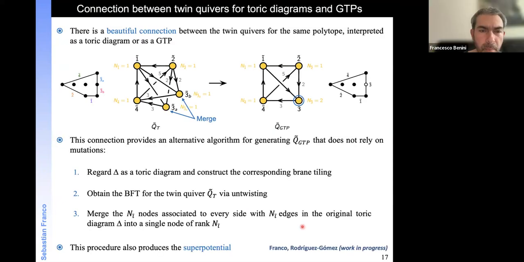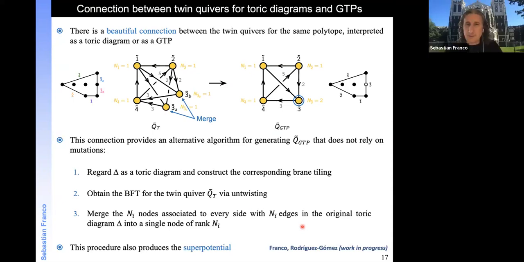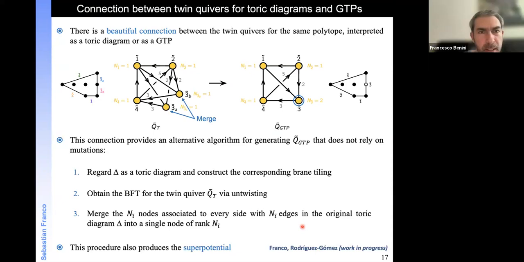Another question, sorry. On one side, you have a gauge group SU(2N). Yes. And on the other side, you have these two groups SU(N). Yes. So is there some way of connecting them by Higgsing? Yes.